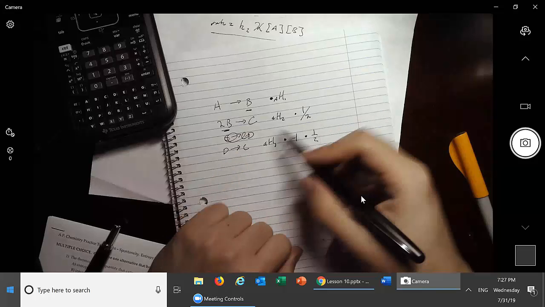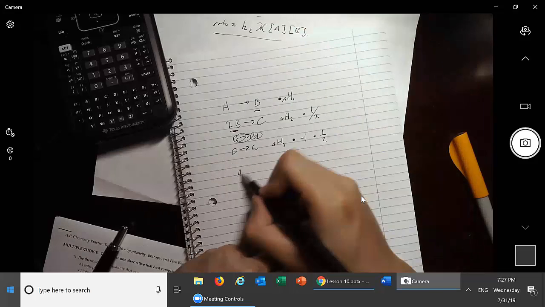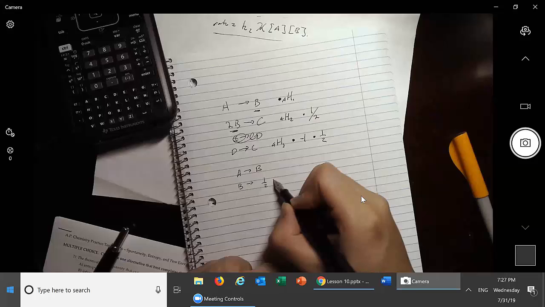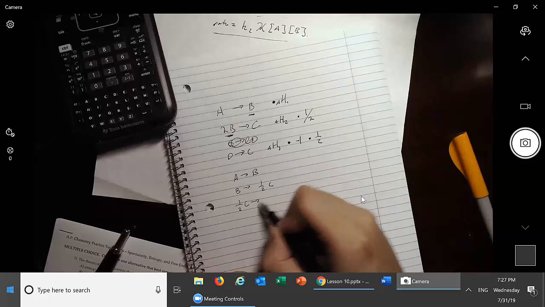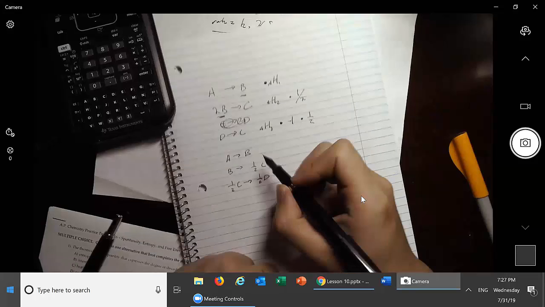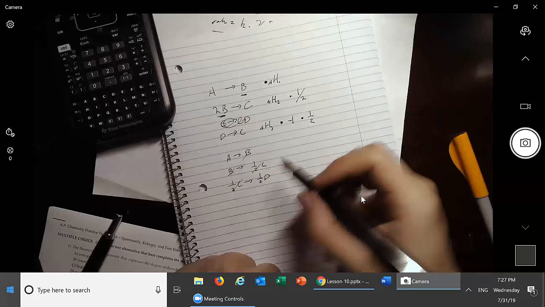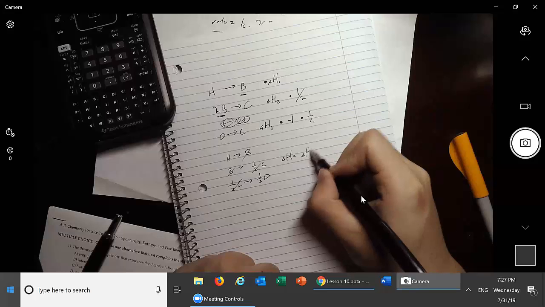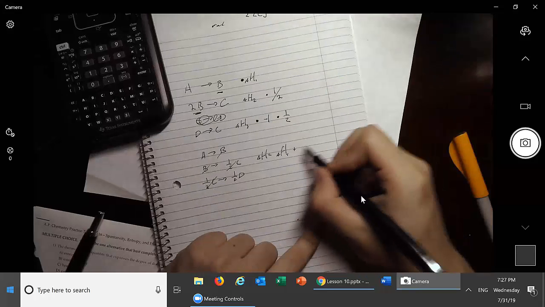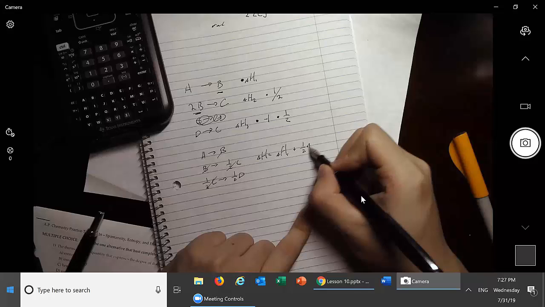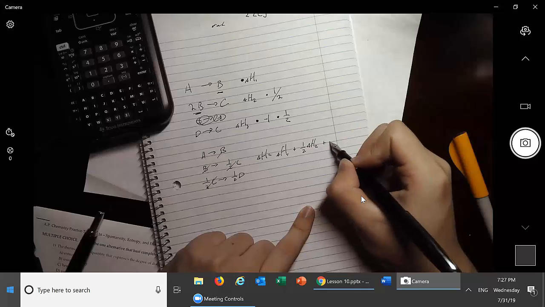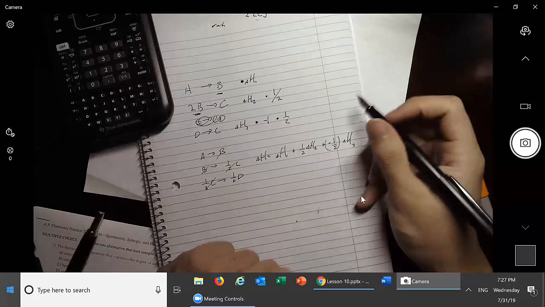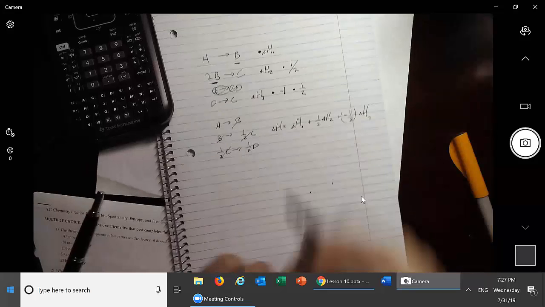And then when we sum this all together, A goes to B, B goes to 1/2 C, 1/2 C goes to 1/2 D, we have delta H equals delta H1 plus 1/2 delta H2 plus -1/2 delta H3. So what's some justification for this?